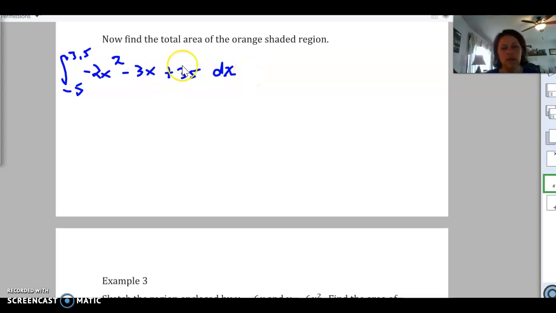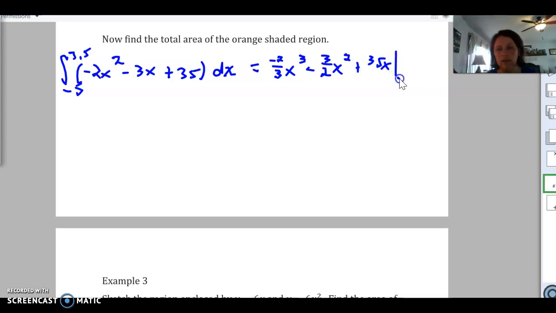And then when we integrate all of this, we get negative 2/3 x cubed minus 3/2 x squared plus 35x, and that is going to be evaluated from -5 to 3.5.